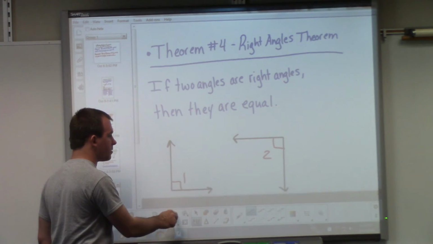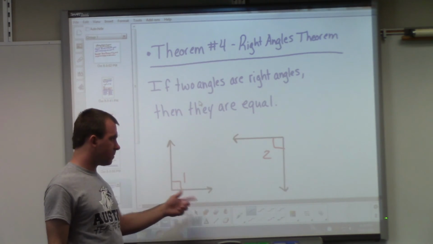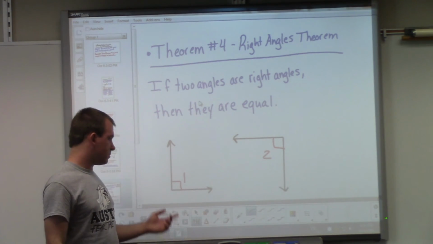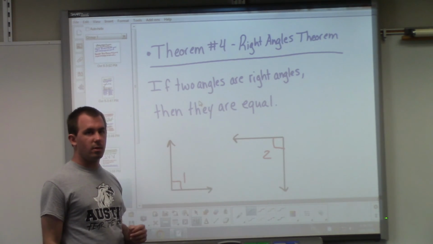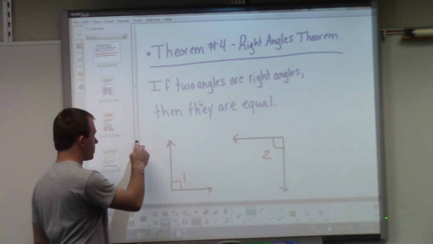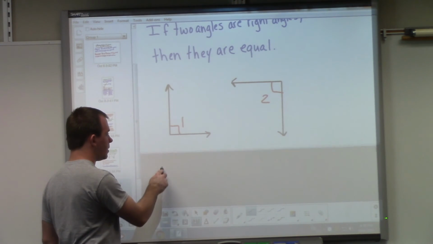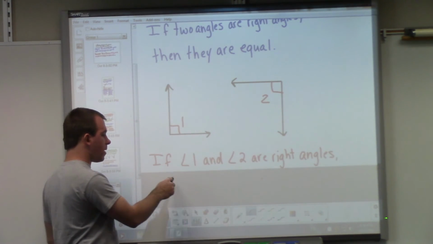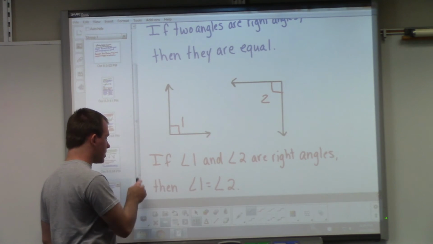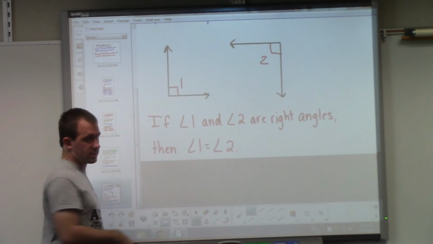So we look at two angles that are right angles. Here's a right angle, there's a right angle. Angle 1, angle 2. We're saying they're equal. If angle 1 and angle 2 are right angles, then angle 1 equals angle 2. Makes sense?